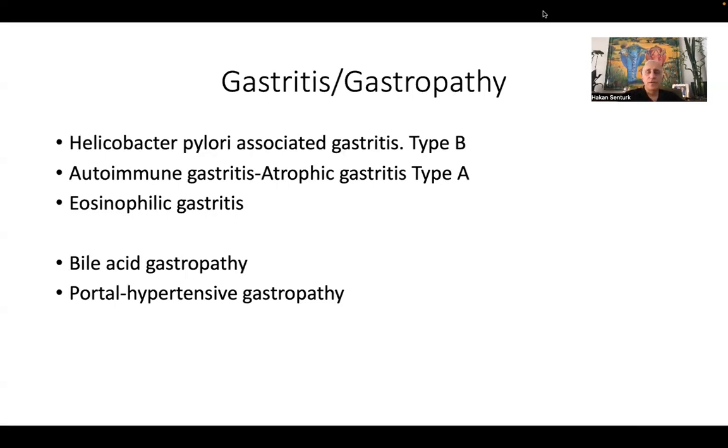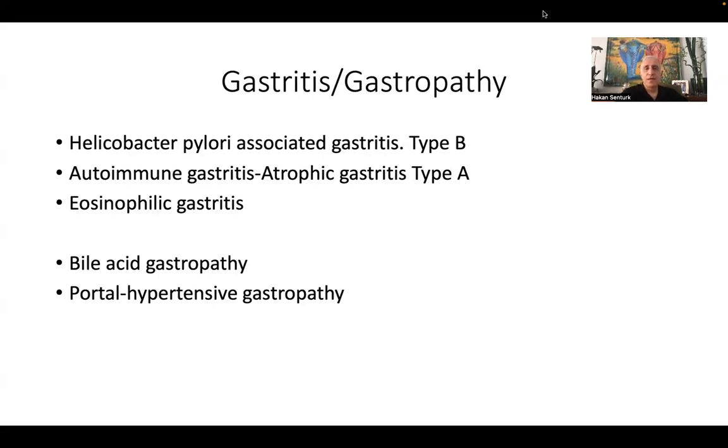Gastritis, or sometimes gastropathy. Gastropathy means that there is a morphological abnormality in the stomach mucosa, but there is no real inflammation. If inflammation is present, it is called gastritis.